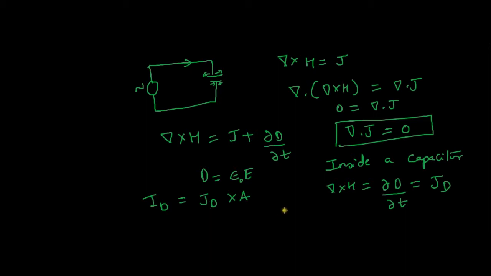So first we'll find del D by del T, which is nothing but epsilon naught del E by del T. So we are finding the displacement current density.